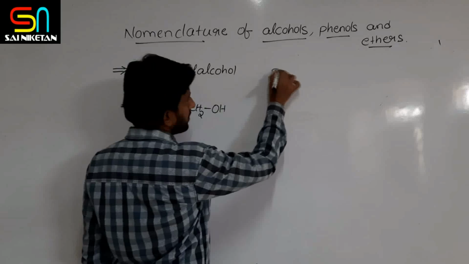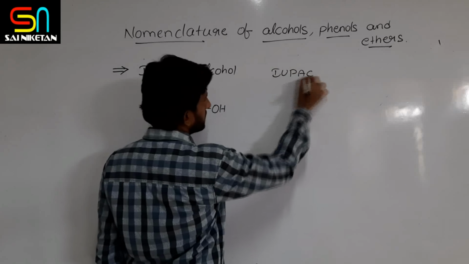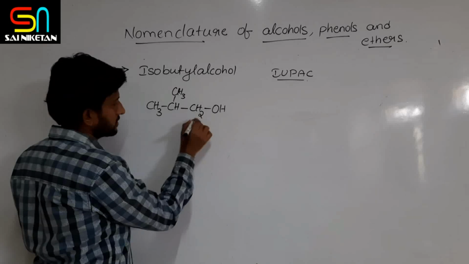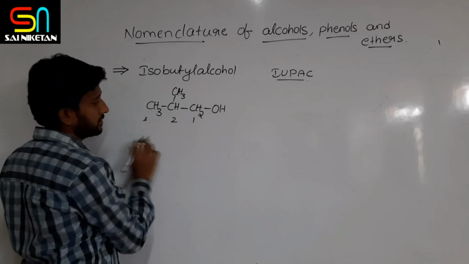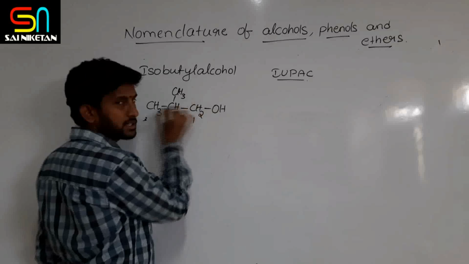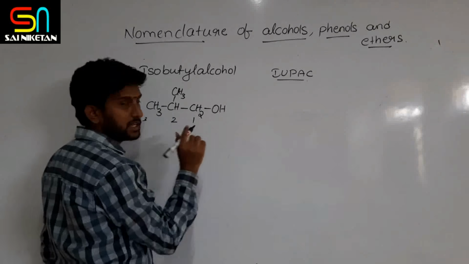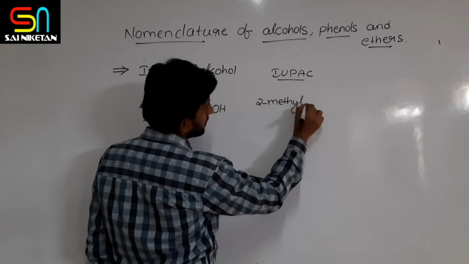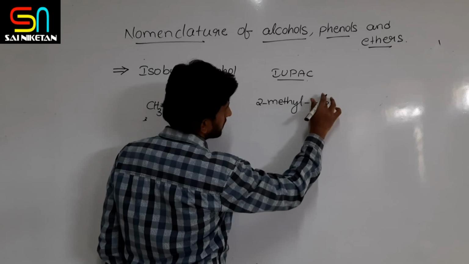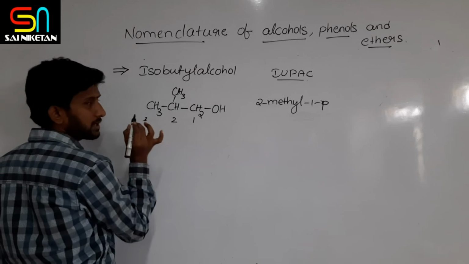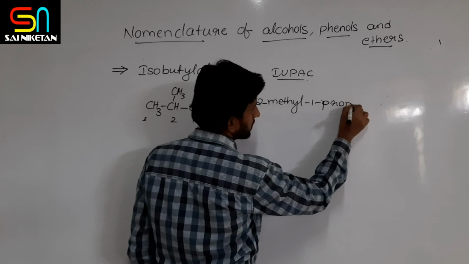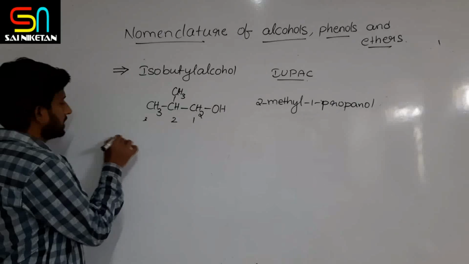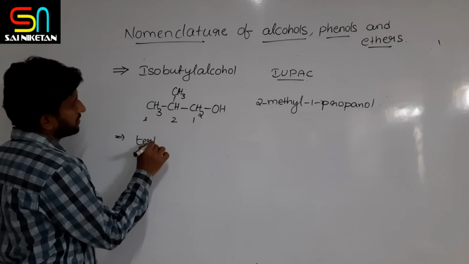Now the IUPAC name of this compound is, numbering first from alcohol side, so 1, 2 and 3. Now this is straight chain, 3 member carbon. Second position, methyl is there. So name of this compound is 2-methyl, now see this, how many chain? 1, 2, 3 carbons. So 1-propanol.